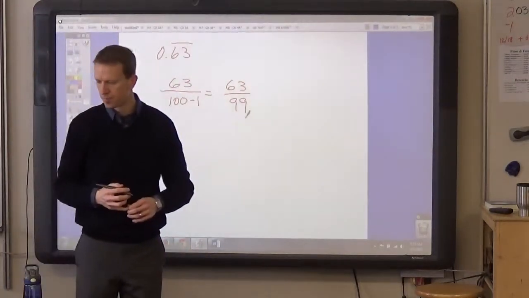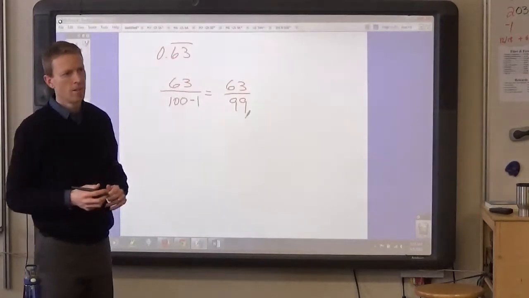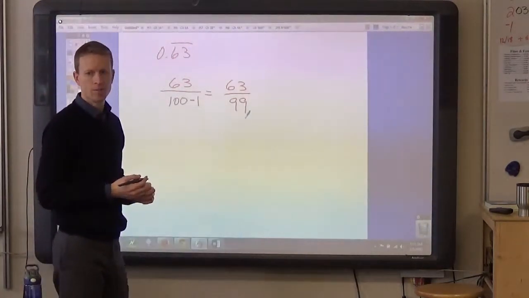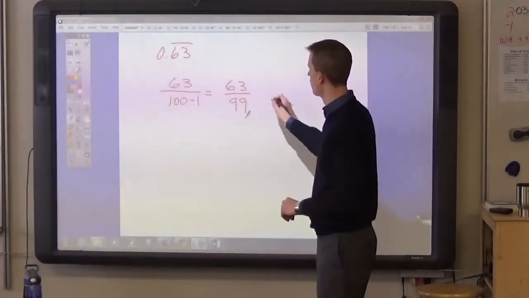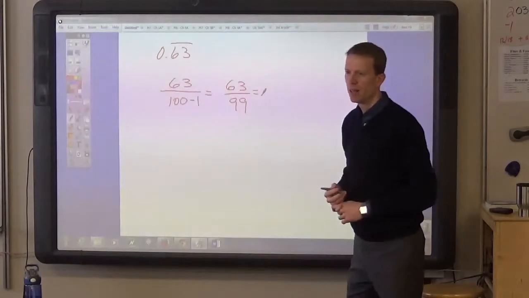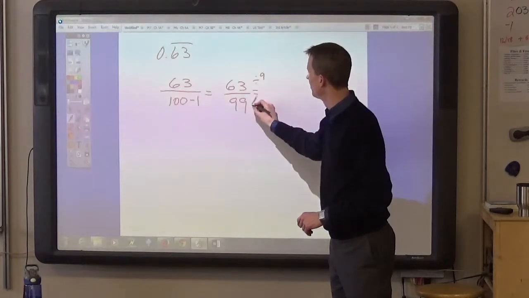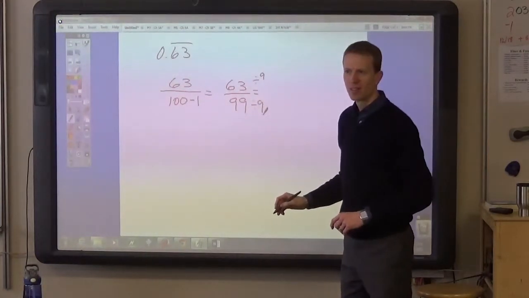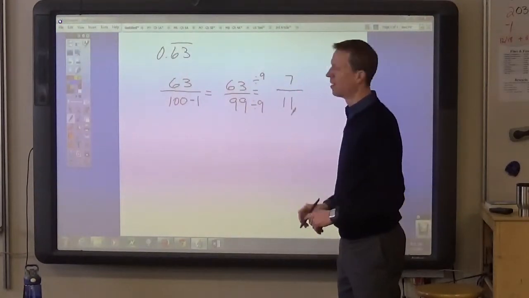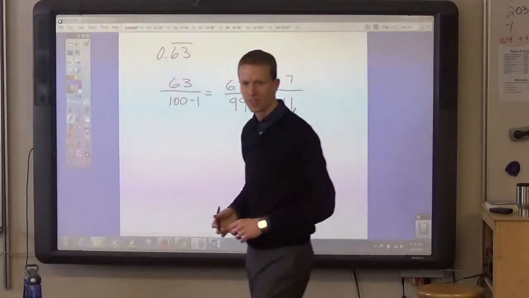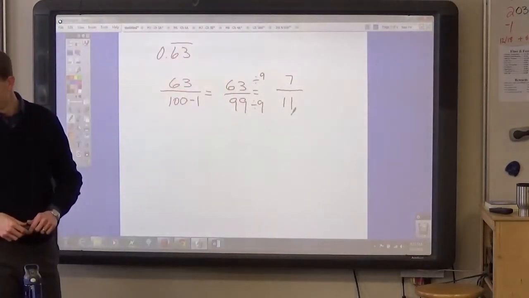And then reduce it. What's 63? Divide both by what? 9. That'll be 7 over 11. Isn't that like a gas station? 7-Eleven. It is. Yep.